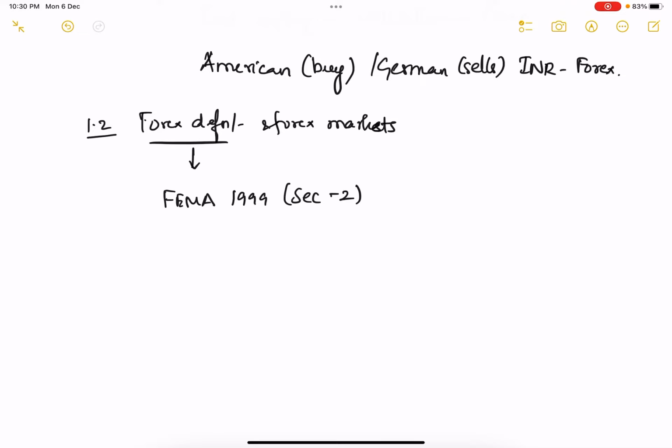In the Macmillan book, two definitions for foreign exchange are given. Foreign exchange means foreign currency and it includes all deposits, credits and balances payable in foreign currency and any drafts, travelers' checks, letters of credit and bills of exchange expressed or drawn in Indian currency and payable in any foreign currency. So this is the first definition.